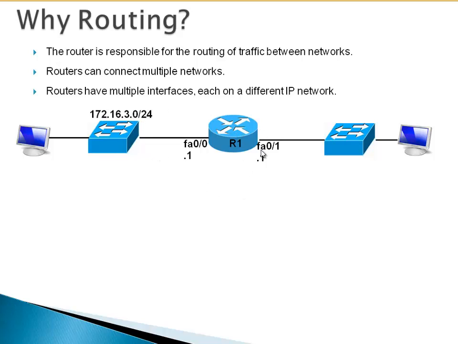Then on the right, FA0/1 is connected to network 192.168.1.0/24. That's the network ID, and we are using the first IP address of that network to give it to FA0/1. .10 is the PC on the left and the PC on the right is .20.